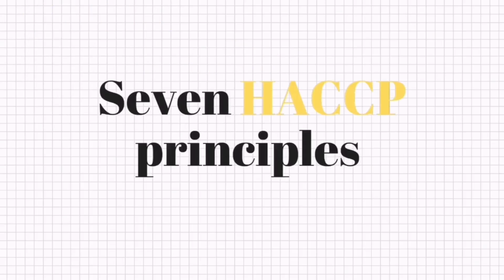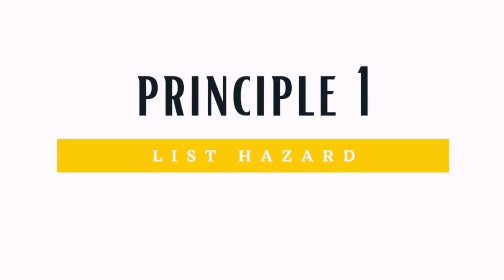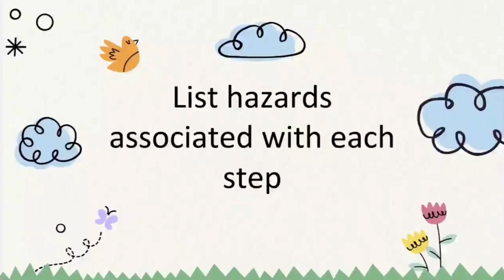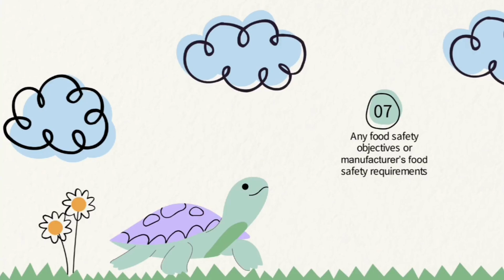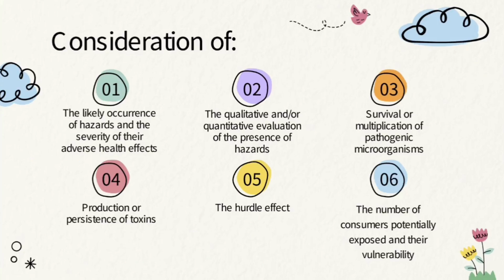7. HACCP principle. So this is the list of hazards associated with each step. There are 7 items in the list of hazards associated with each step. First, we have to consider the likely occurrence of hazard and the severity of their adverse health effects.